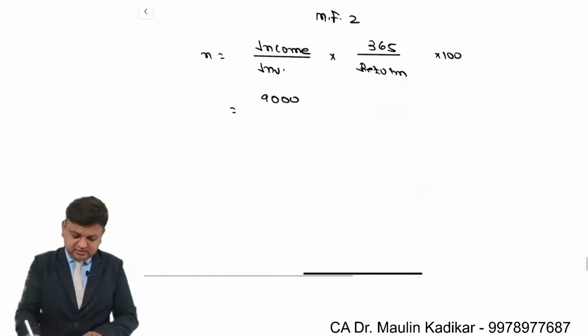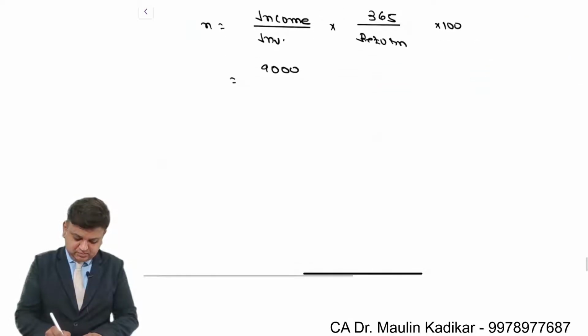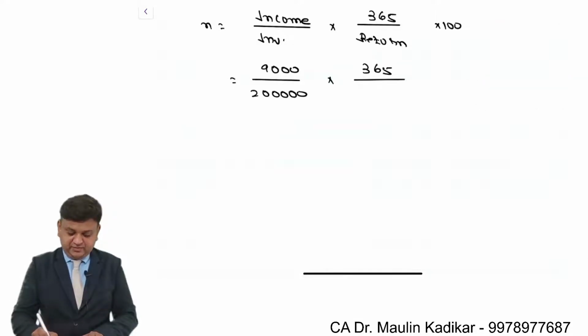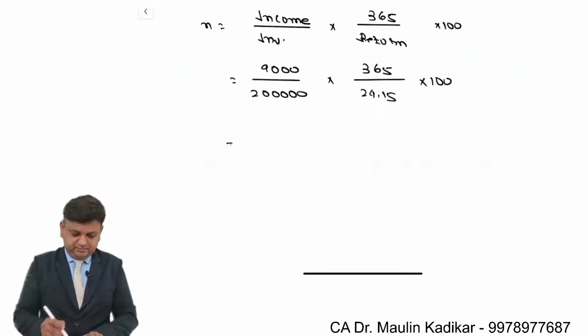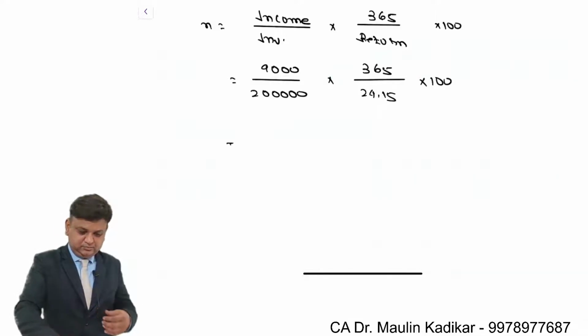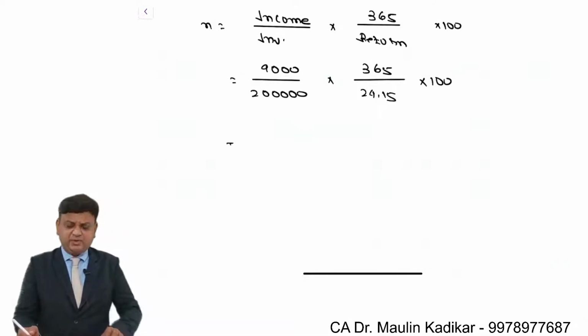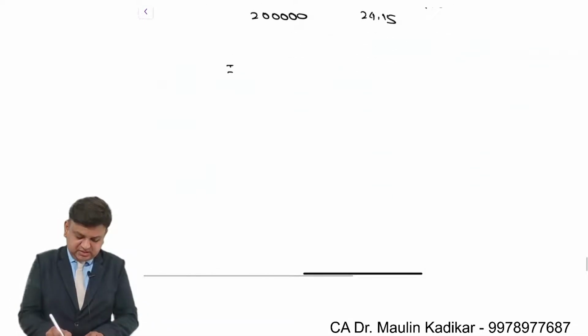Investment 2 lakhs into 365 upon 24.15 into 100. So it is 68.01. So we can say it is 68 days.